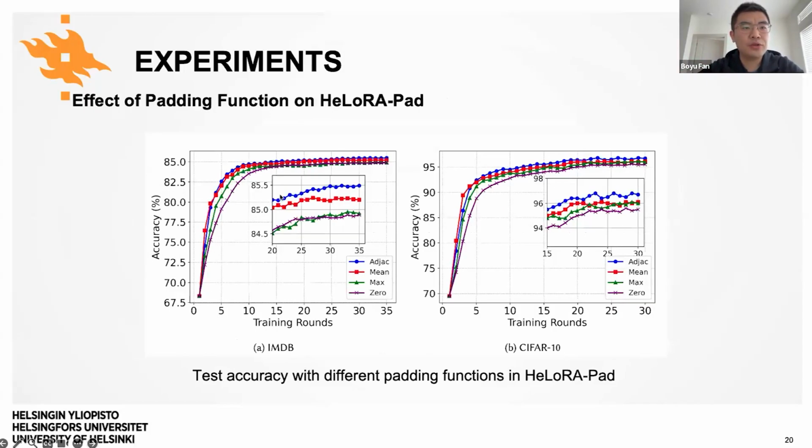And we also check the different padding functions for the HeLoRa pad. As I mentioned, there are max, minimum, and adjacent. Compared to zero, which is the baseline HeLoRa, you can check that actually the adjacent one, just the copy and paste, can achieve slightly better performance than the other padding strategies.